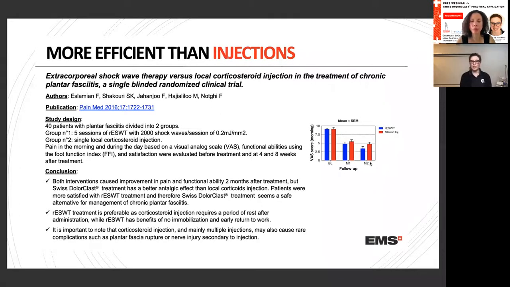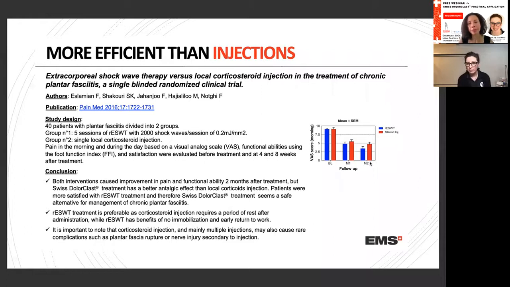Now the long-term effects. This study was on chronic plantar fasciitis. Basically, this proved that you can efficiently treat plantar fasciitis and relieve pain on a short-term and long-term basis.